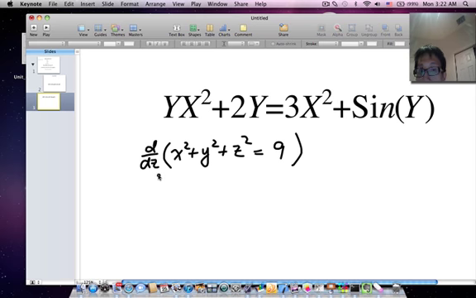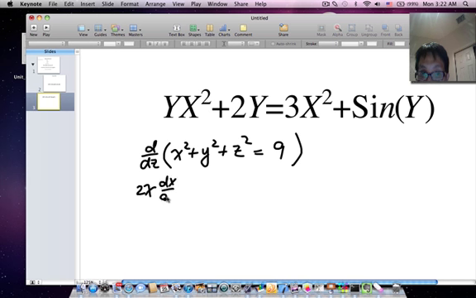Now you're taking the derivative with respect to z. Anything other than z, any variable other than z, you're going to differentiate implicitly, which in this case will be 2x times dx/dz.